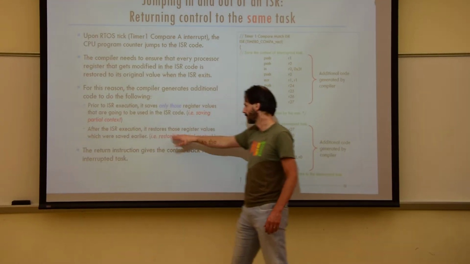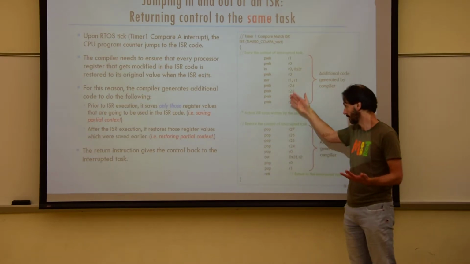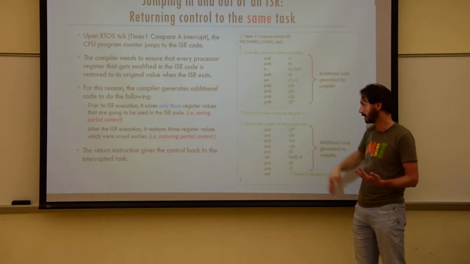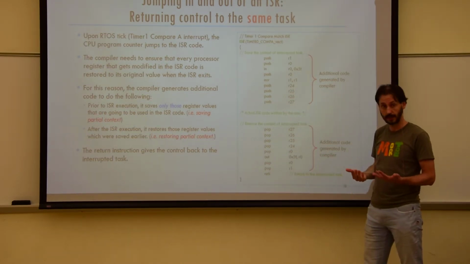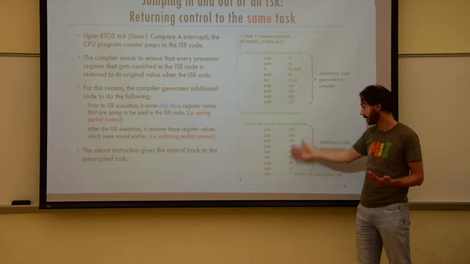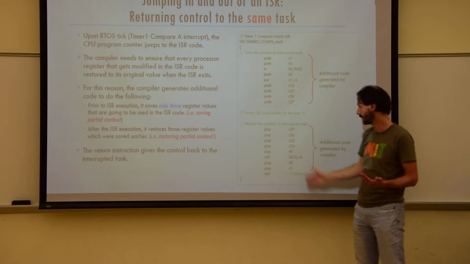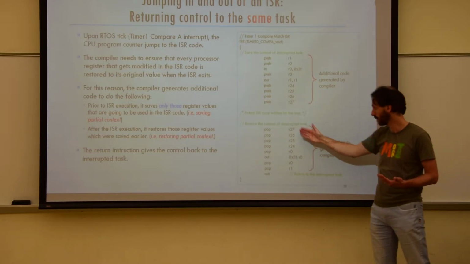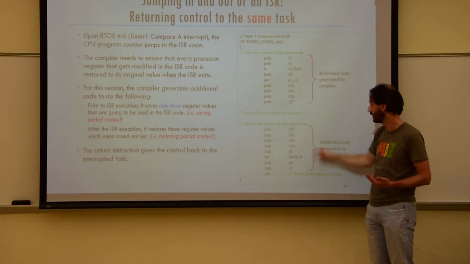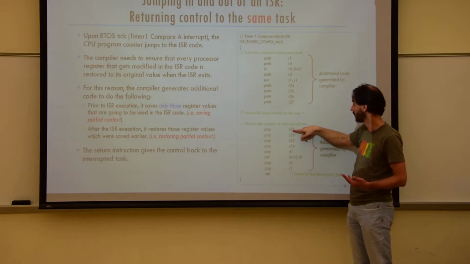After the ISR's execution, it restores those registers that potentially have been changed in this code, and that is what you will do here. So you pop those registers from the stack, and you put them into the right registers. Look, it's in reverse order.